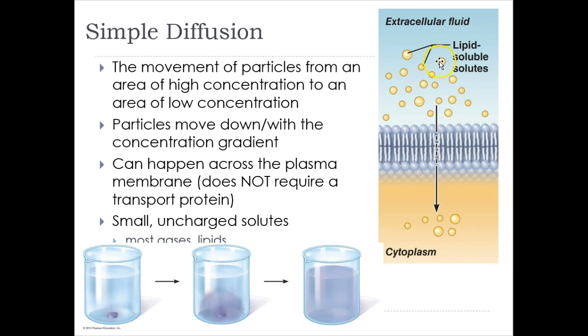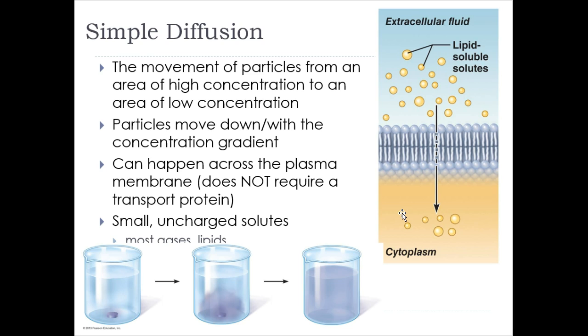Right now you can see there's a high amount of these molecules on one side and a low amount on the other. They're going to flow inside the cell until eventually they're equal outside and inside, and then they'll stop. That's called simple diffusion.